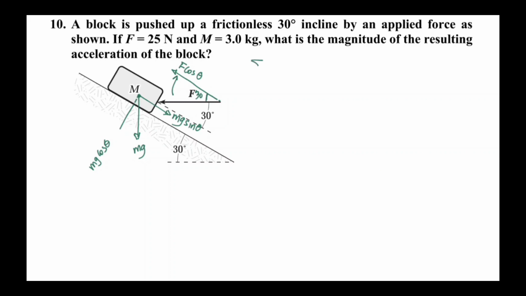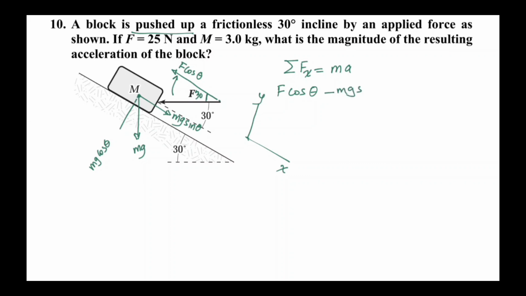Now, sum of all forces on X, this is X by the way, and this is Y. On X we have mg sine theta and we have F cosine theta. Since the object is moving upward because it's pushed up, in this case the sum of all forces on X equals ma.